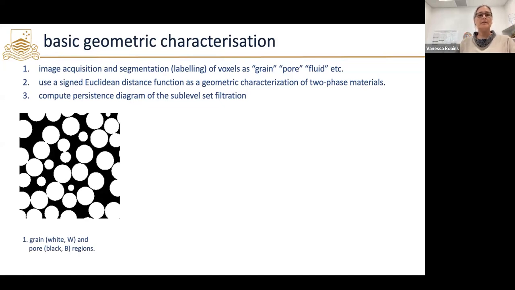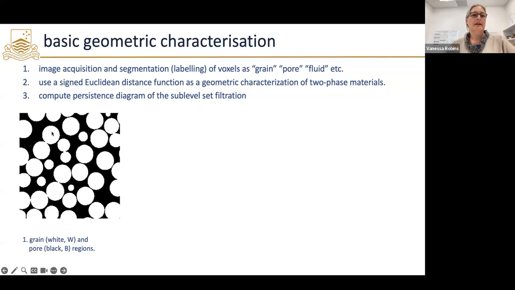I'm showing you what happens after my colleagues have run a segmentation algorithm, which labels each voxel as either grain or pore. So in this picture here, we've got spherical grains, which are colored white, and then pore, which is the black pixels.